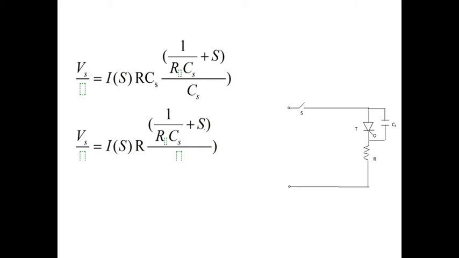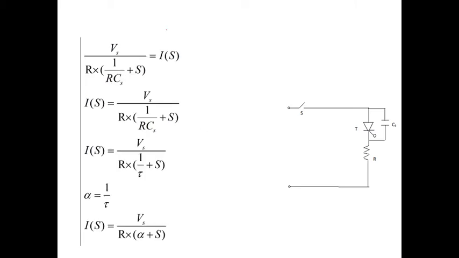Okay, so I can rearrange this as I(s) = Vs/R · 1/(RcS + s).